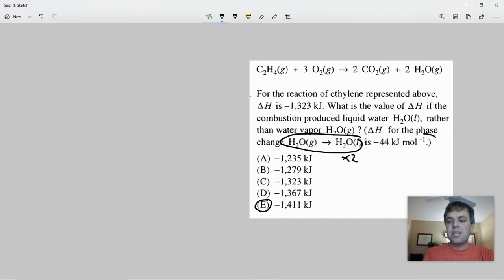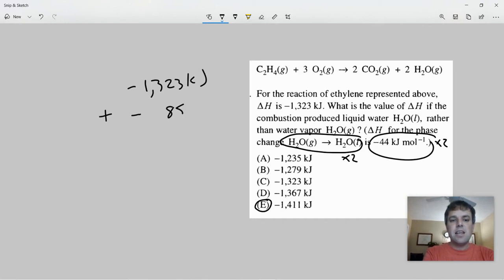So we would add negative 44 times 2. You're taking negative 1,323 kilojoules plus negative 88 kilojoules, and that gives you negative 1411 kilojoules.